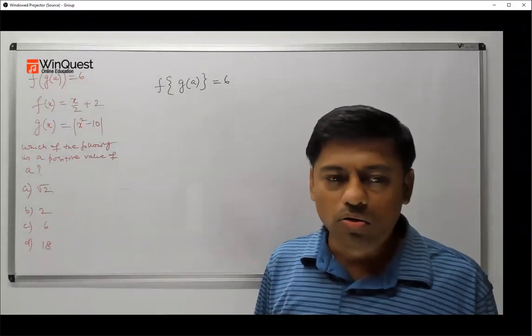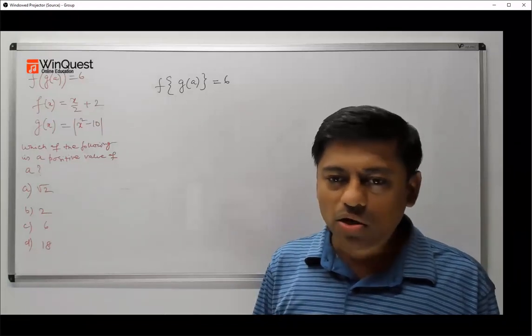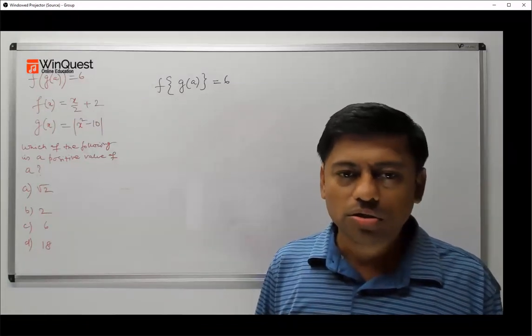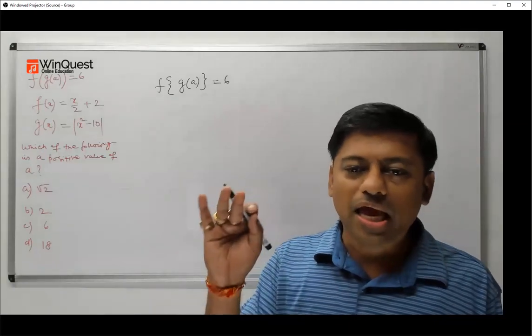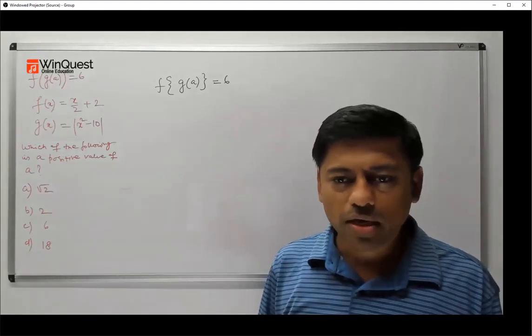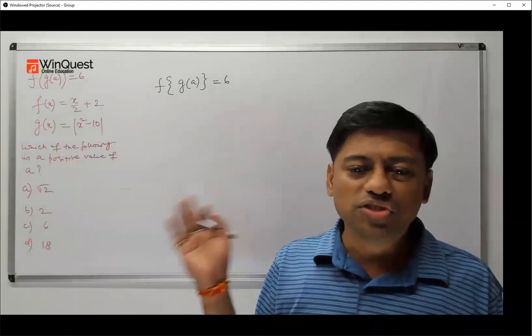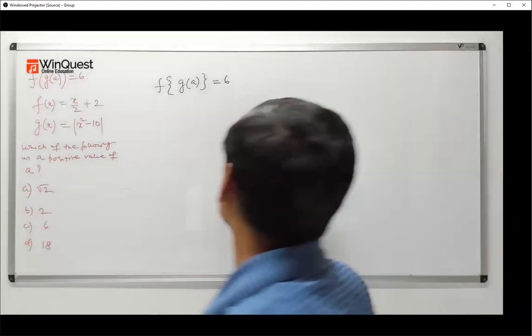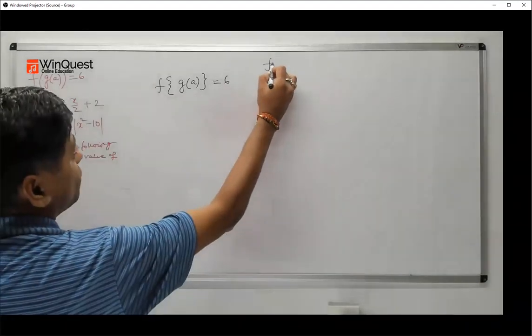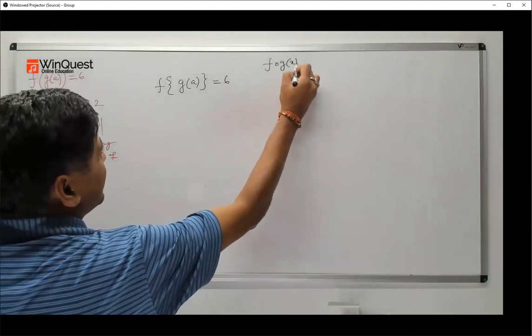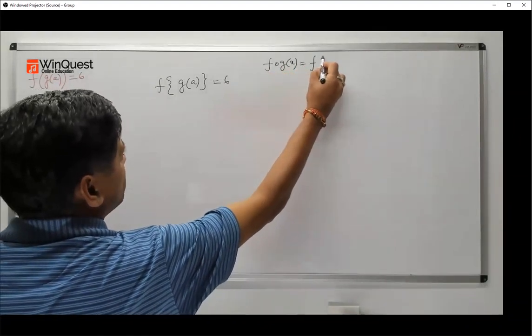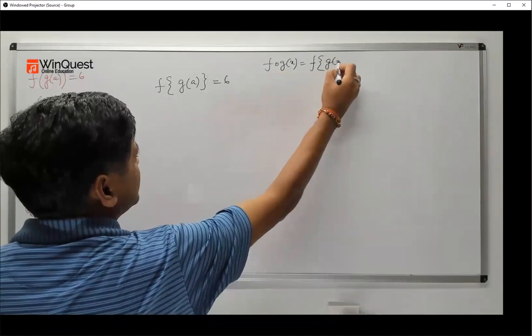Okay, now if you have taken the notes or the screenshot, you remember what is f of g. Let me write down the rule. f of g x equals f, inside there is g x, right?